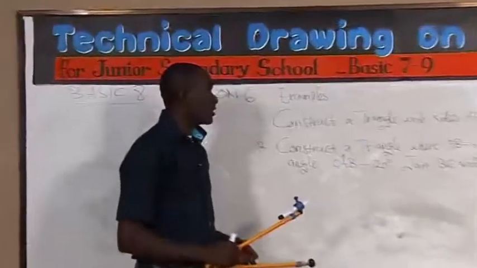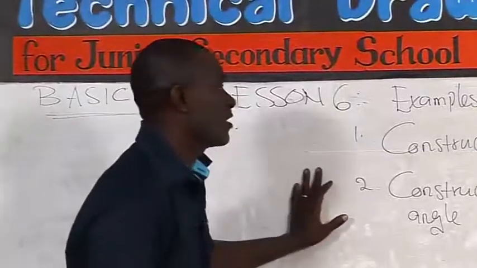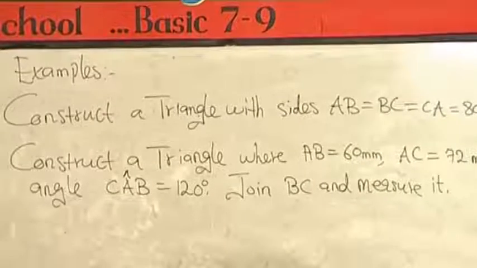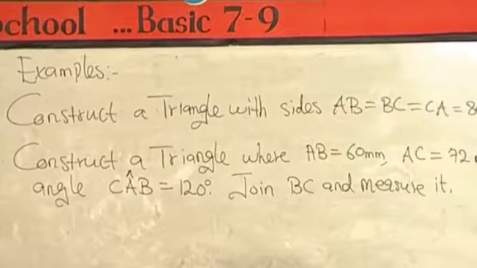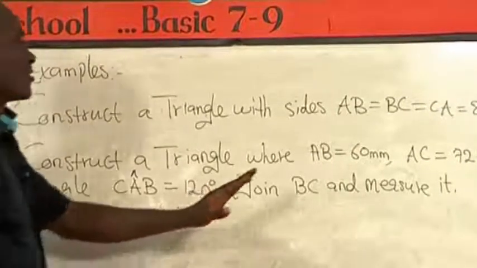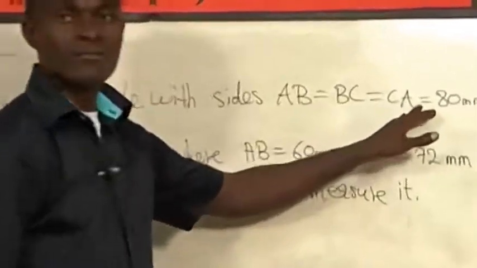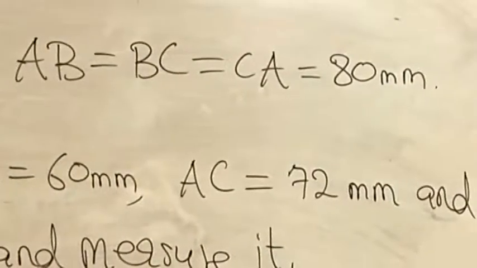In one of their questions, they asked, construct a triangle with sides AB equal to BC equal to CA equal to 80 mm. You see, it's very glaring. Since they say AB is equal to BC equals to CA, what type of triangle is this? This is an equilateral triangle. It's the easiest triangle to construct. How do you go about it?